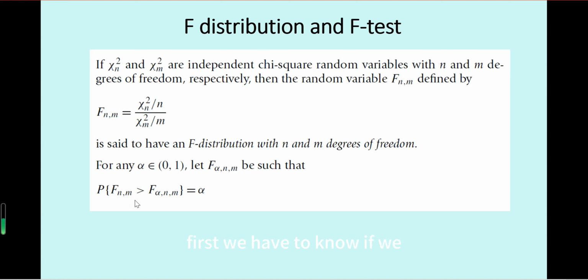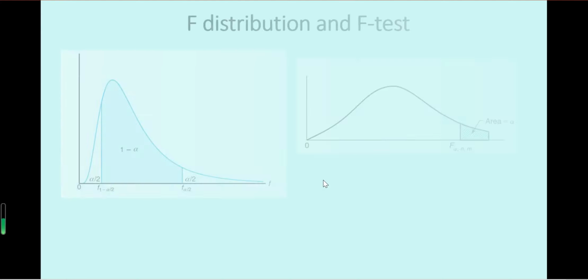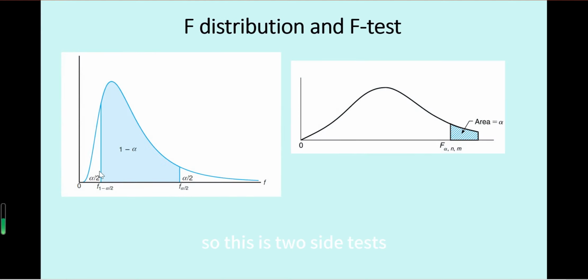So first we have to know, in a one-sided test, if we get a sample statistic larger than the critical value, then we will reject the null hypothesis and accept the alternative hypothesis H1, saying that one variance is larger than the other, right? This is a two-sided test.